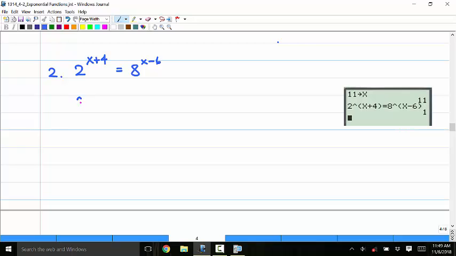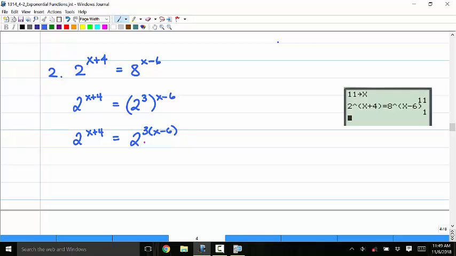Okay, so I can write 2 to the x plus 4 equals, 8 is going to be 2 cubed to the x minus 6. Again, what do you do when you have a power to a power? What do you do to the exponents? You multiply them. So I have 2 to the x plus 4 equals 2 to the 3 times x minus 6.